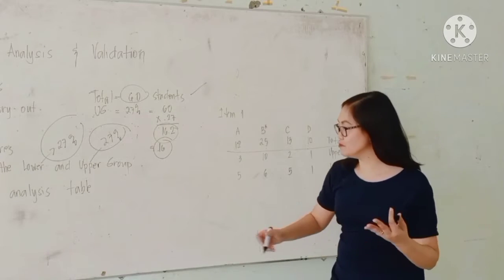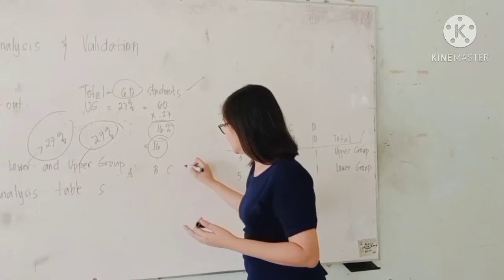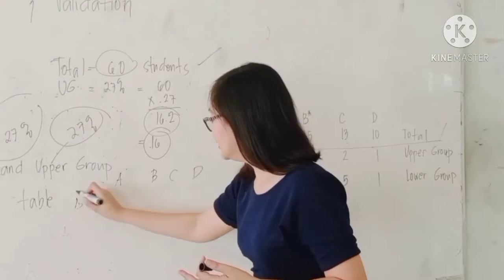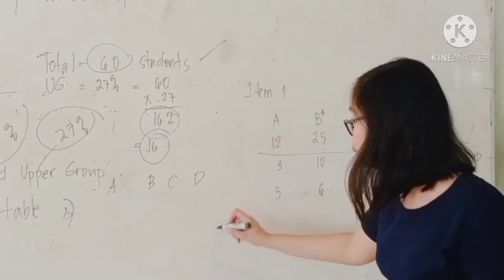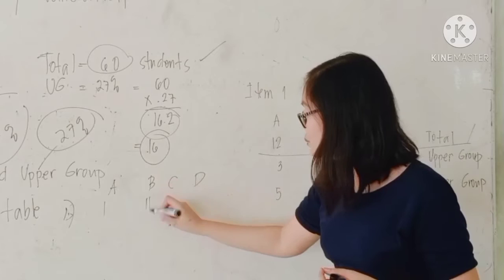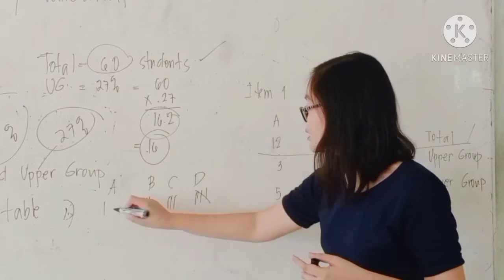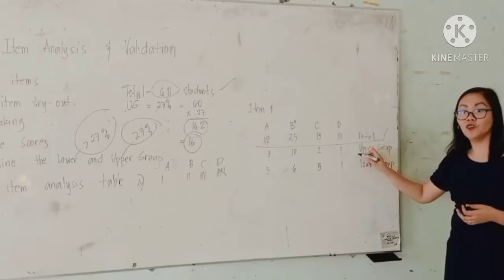Itatali mo yun. Halimbawa, si student 1, A, B, C, D sa item 1. Halimbawa, sa upper group, may isang sumagot sa test paper 1, as in itatali mo siya. Itatali mo siya dyan hanggang sa mag-arrive ka dito.